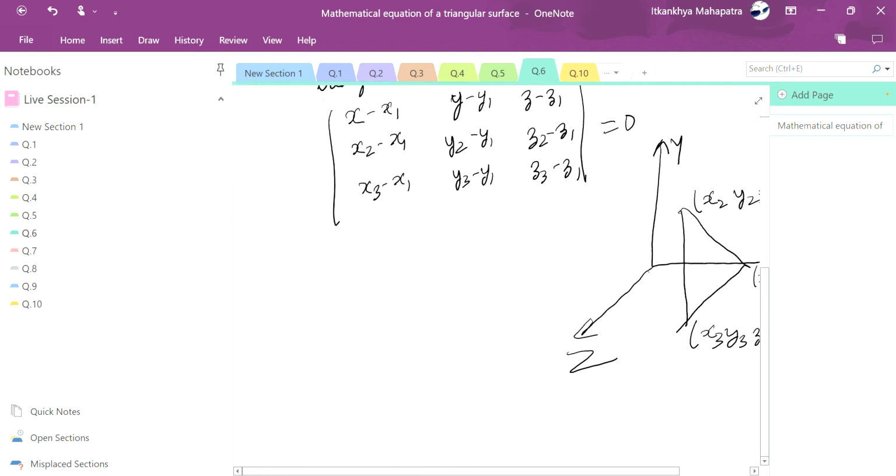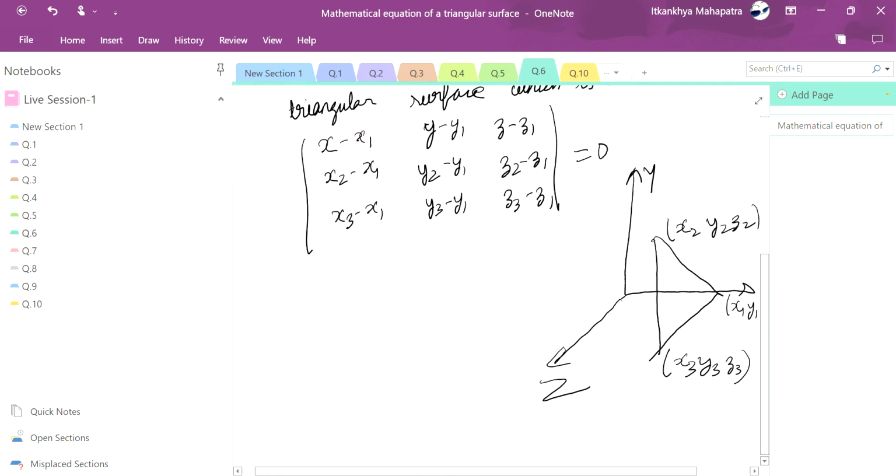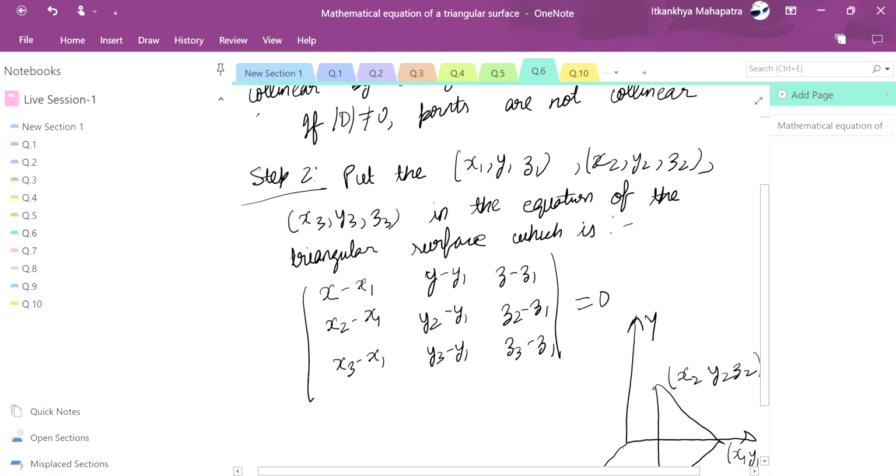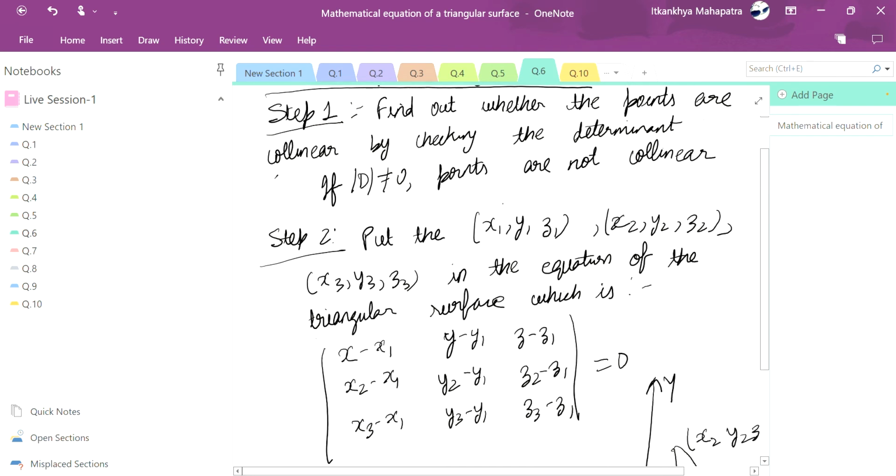Okay, so suppose let's consider these points: x1, y1, z1 as 1, 1, 0, then 1, 2, 1, and here it is -2, 2, -1.